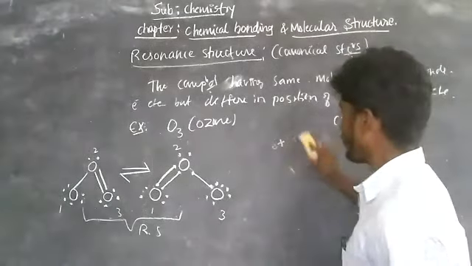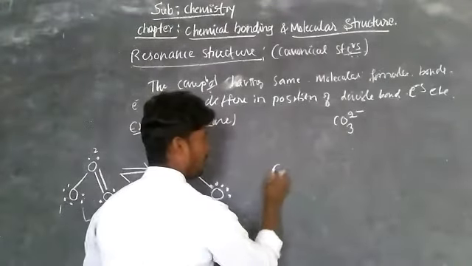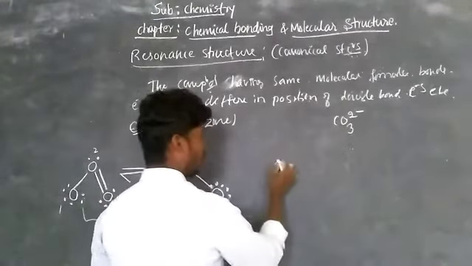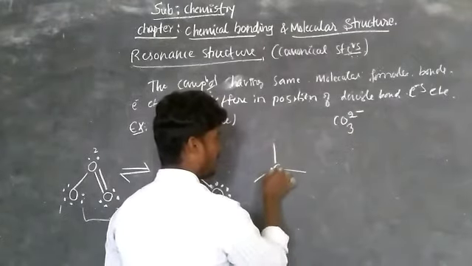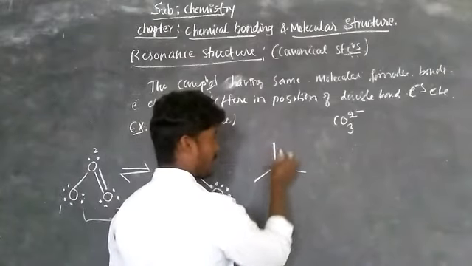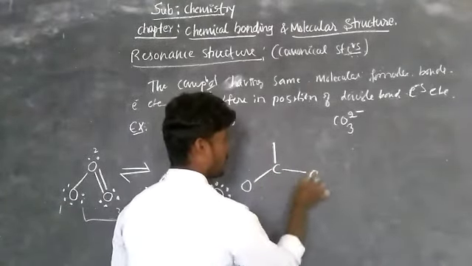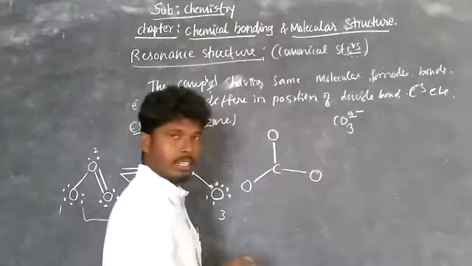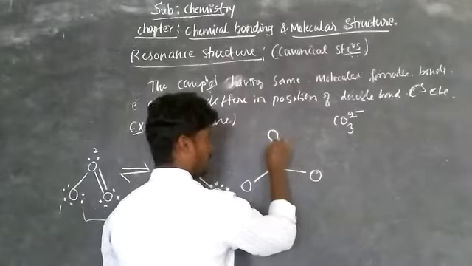For the resonance structures of the carbonate group, carbon and 3 oxygens are there. Totally there are 4 electrons on carbon, right? Out of 4, only 3 electrons make bonds with 3 oxygens. Then the 4th electron makes a double bond with oxygen.